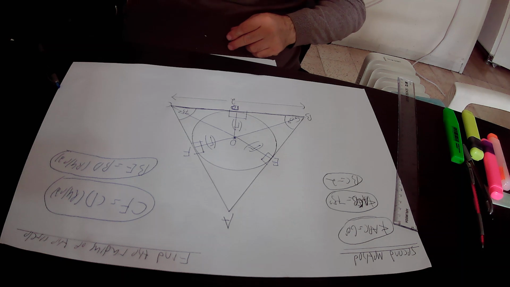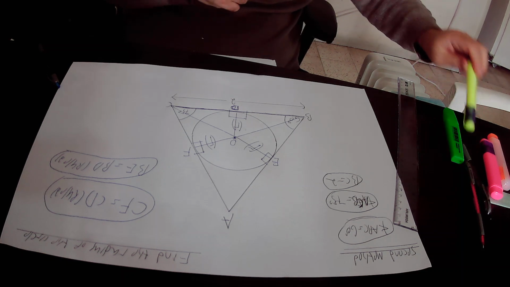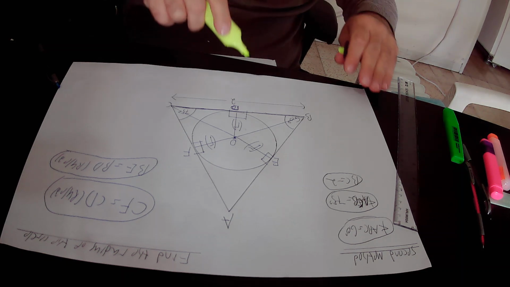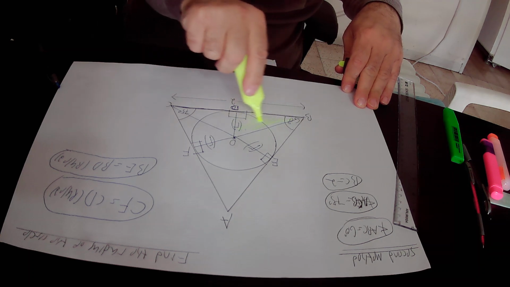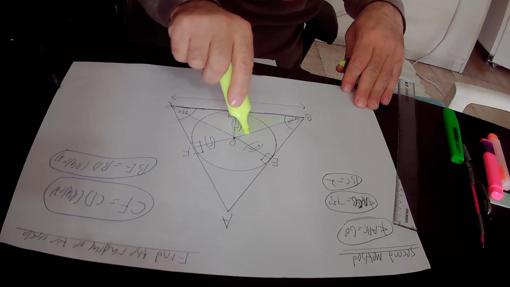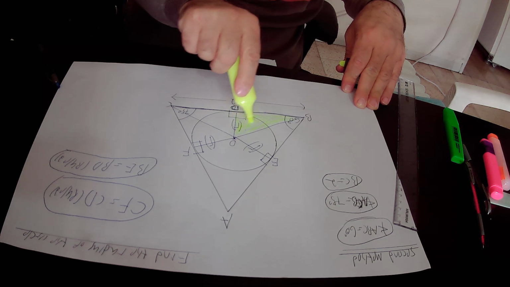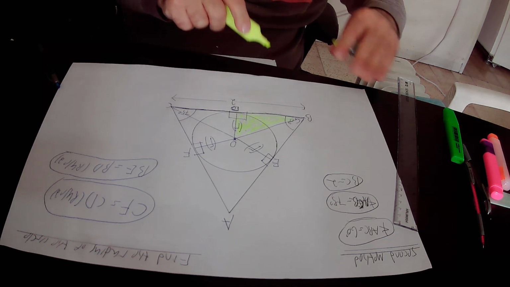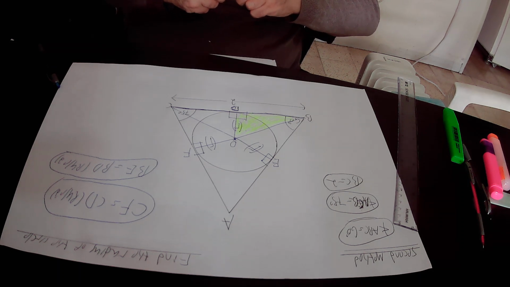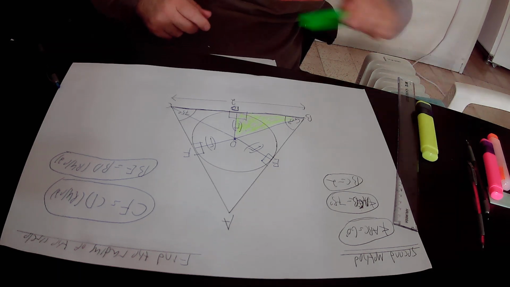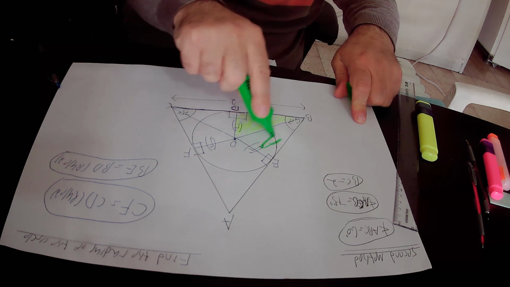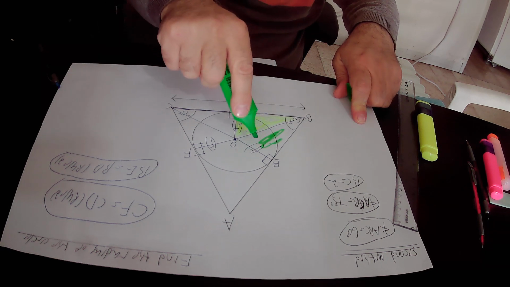And we will prove that the yellow right triangle OBD is congruent to the green right triangle EBO.